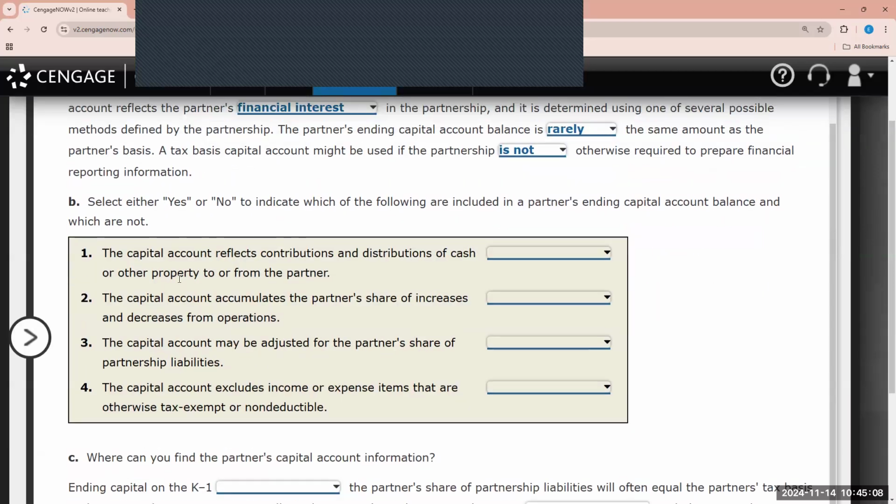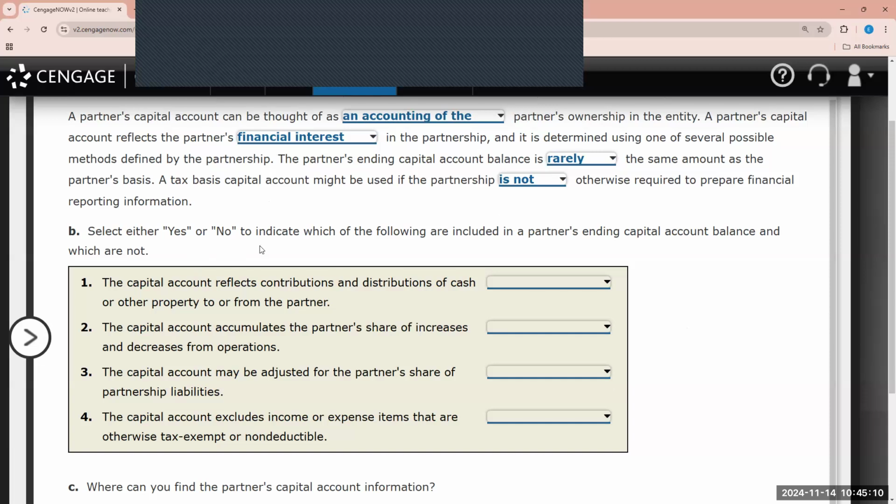So now we move on to B, and it asks us to select yes or no to indicate whether the following are included in a partner's ending capital account balance and which are not. The capital account reflects contributions and distributions of cash or other property to or from the partner. Yes, this will be included. The capital account accumulates the partner's share of increases and decreases from operations. This is yes.